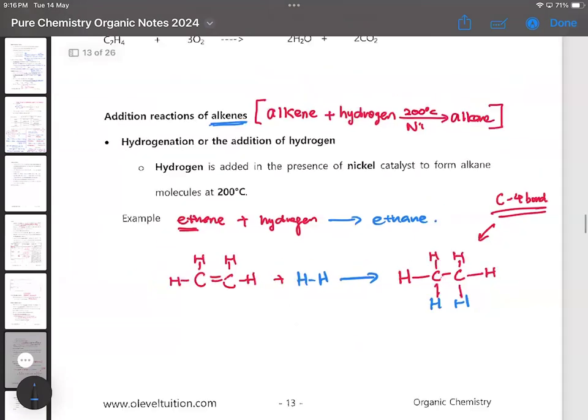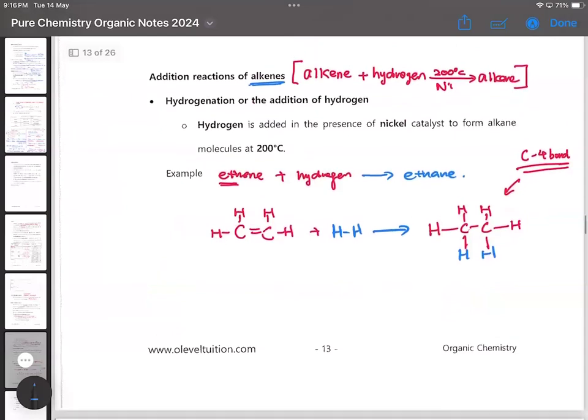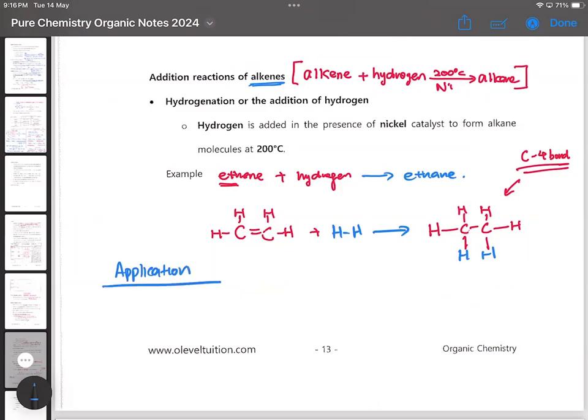Now, as for the purpose of doing certain reactions, for this particular case there is actually an application. What do we use this reaction for? This application is the making of margarine. It converts vegetable oil, in the presence of a certain temperature and a nickel catalyst, into margarine.